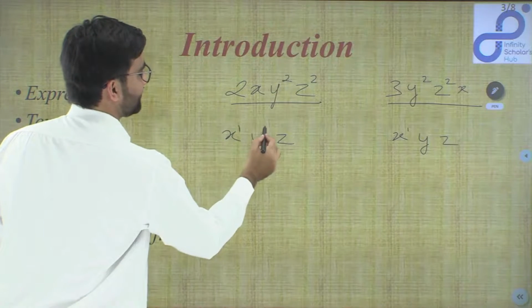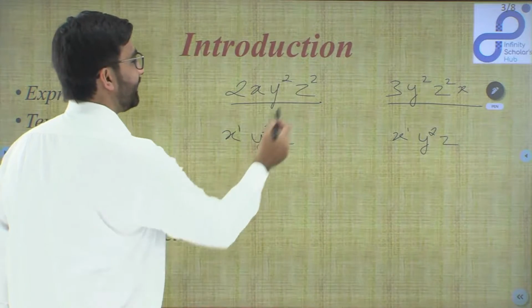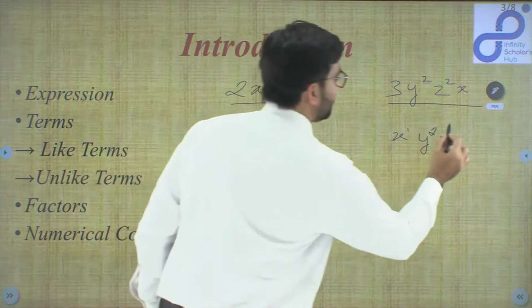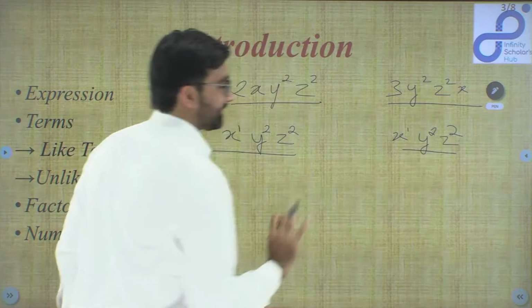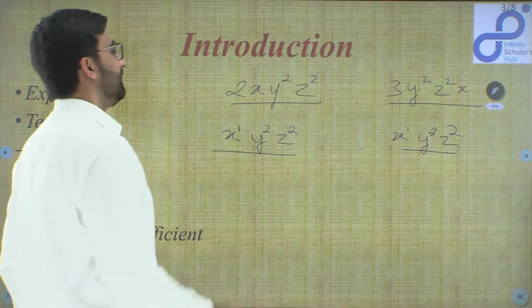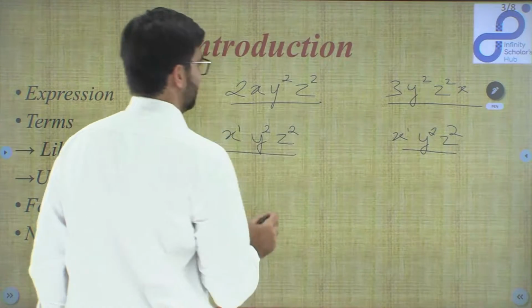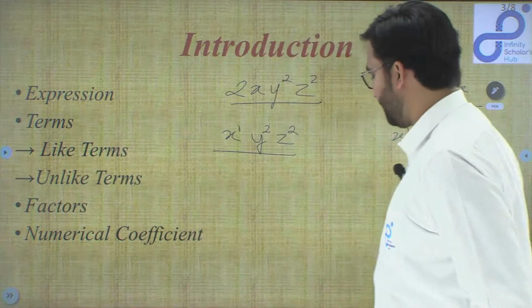The power of y is squared over here, and over here also the power of y is 2, that means squared. The power of z is squared and the power of z is squared over here also. So if you see, the variables used are the same and the power of these variables are also the same. That means the two terms are like terms. So I hope this is clear. Now let's see an example of an unlike term.